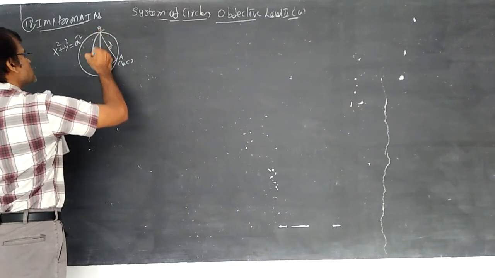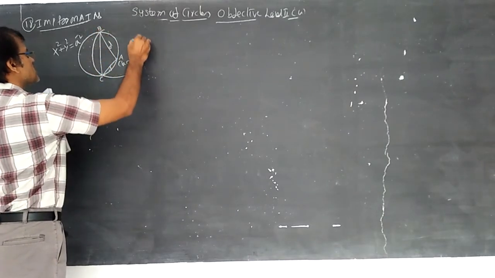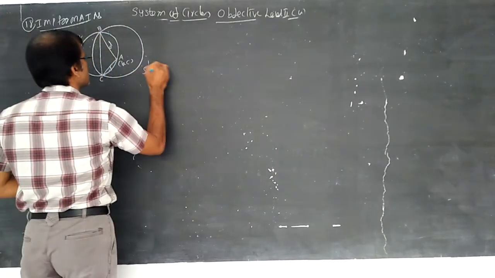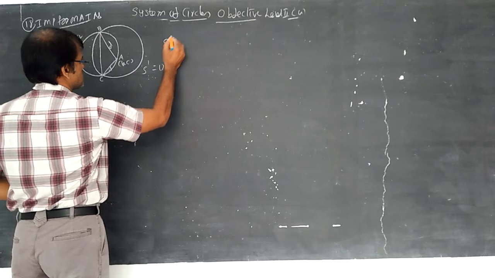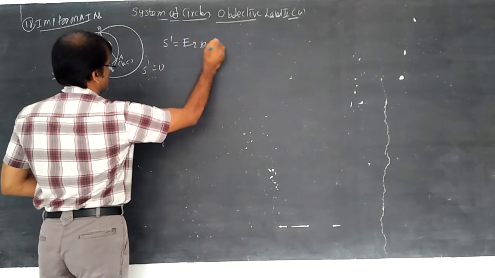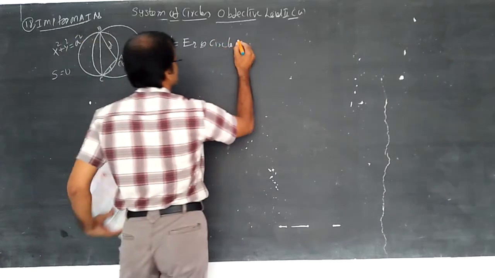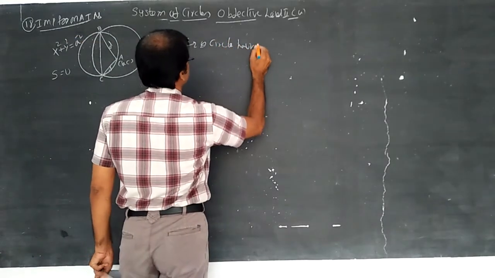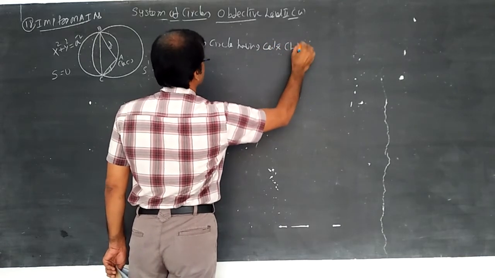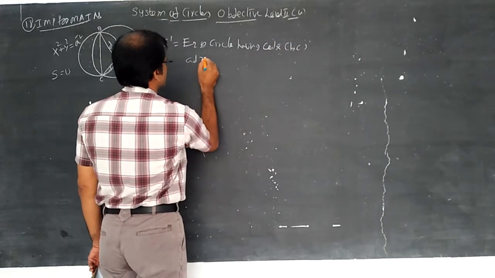So now you can understand that another circle is there. This is S equal to 0 and this is S dash equal to 0. So S dash is the equation of the circle having center B comma C and radius D.